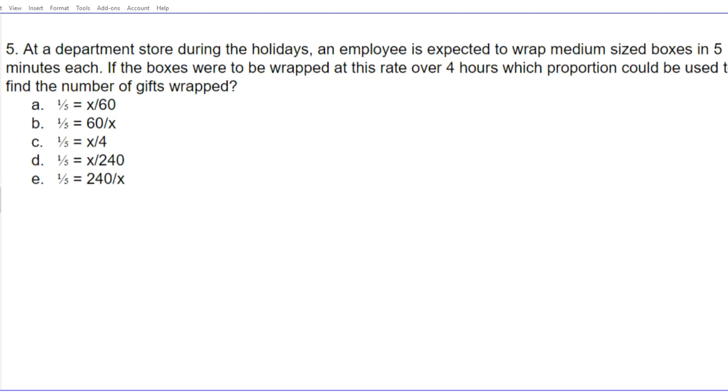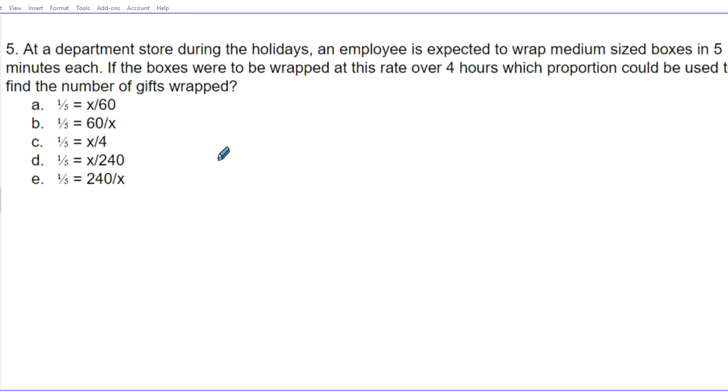All right, let's take a look at number 5. It reads, at a department store during the holidays, an employee is expected to wrap medium-sized boxes in 5 minutes each. If the boxes were to be wrapped at this rate over 4 hours, which proportion can be used to find the number of gifts wrapped?